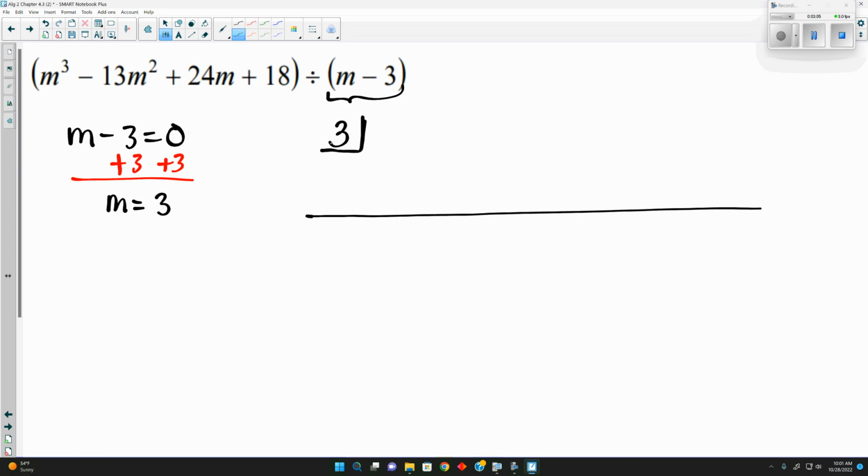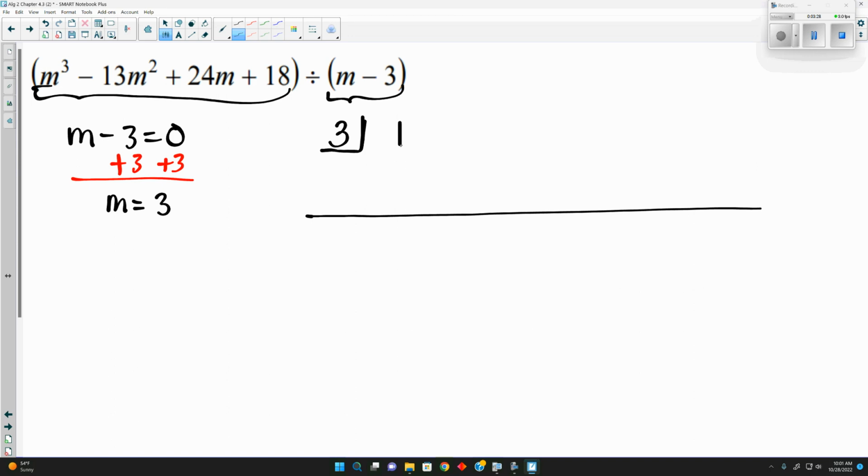Now going across the top, we're going to take all of the coefficients of the polynomial that's being divided. And if there are any missing, we put in a 0 for each one of those. So the biggest one we have is m to the third, and the number in front of it is? Number in front of m cubed, you're good, is 1.